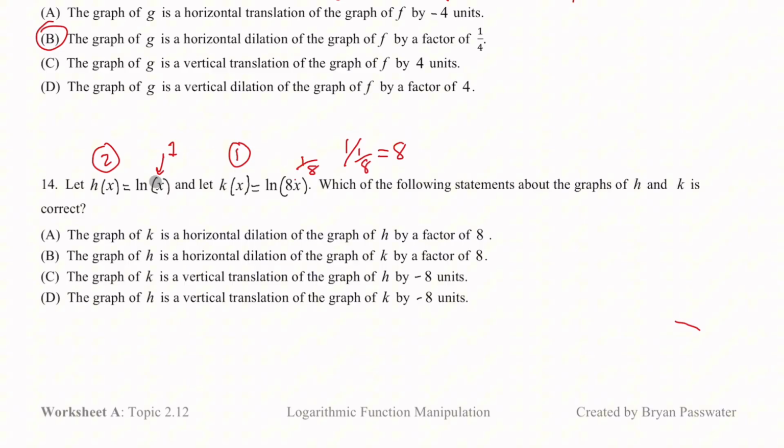This is 1, so it must have been 1 over 1 times X, right? Okay, so that means B became 1 in H of X. So that means that the B here is 1 over 8, right? So 1 over 8 times what gives us 1? What changed the original B to be 1?